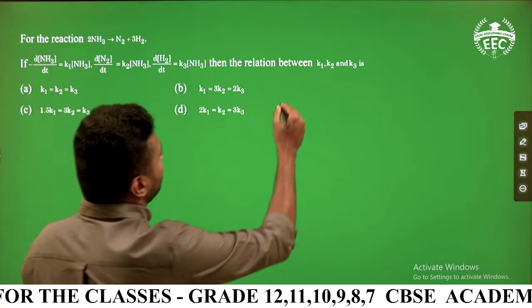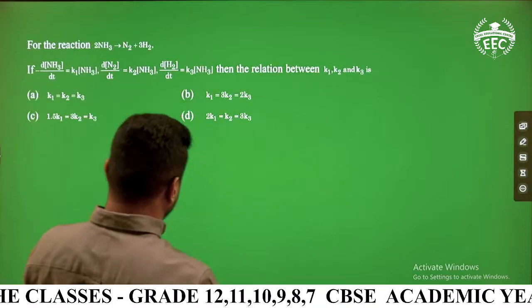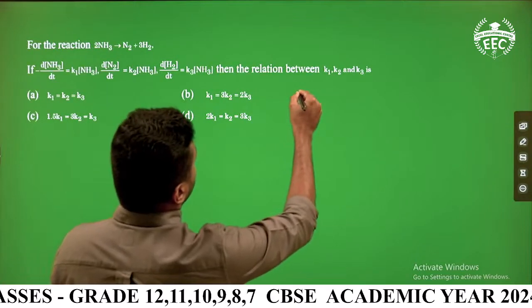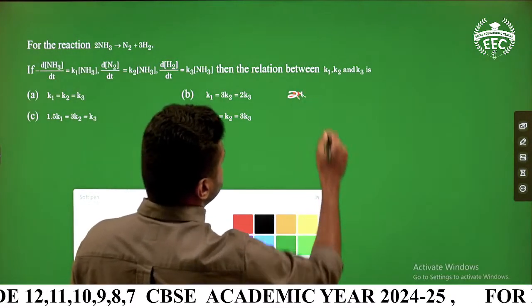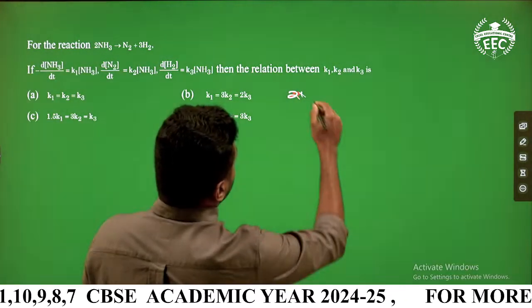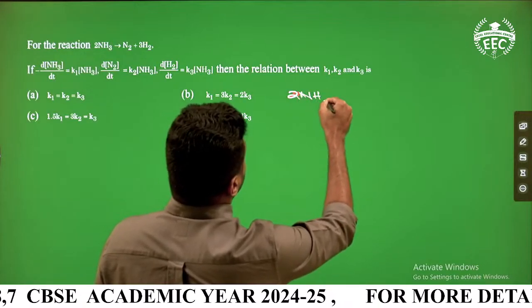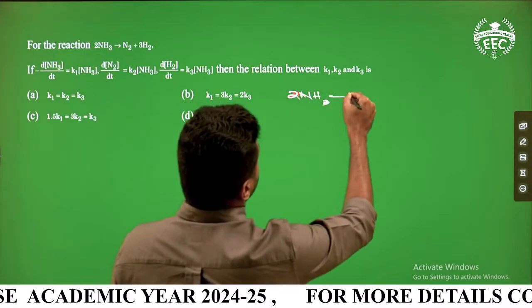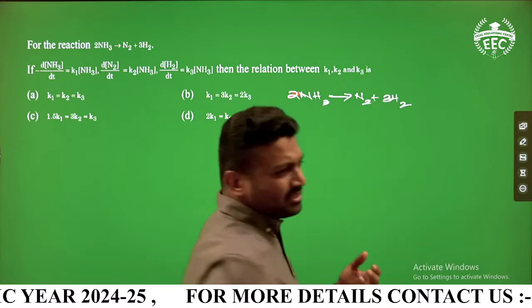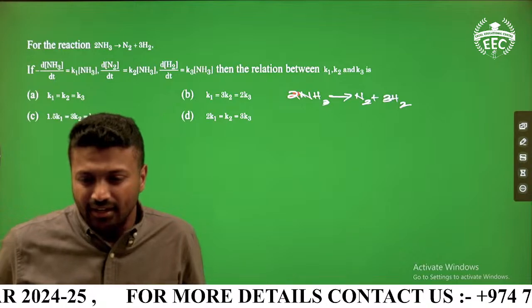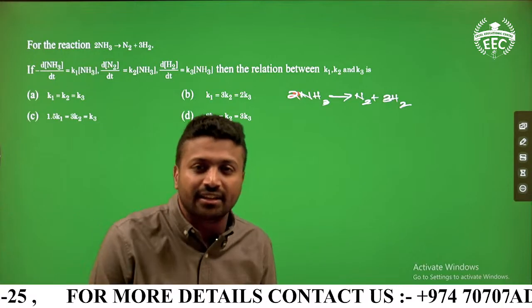The given reaction is 2NH3 giving N2 plus 3H2. Since it is related to d by dt, it is called the instantaneous rate, so go with the instantaneous rate equation.